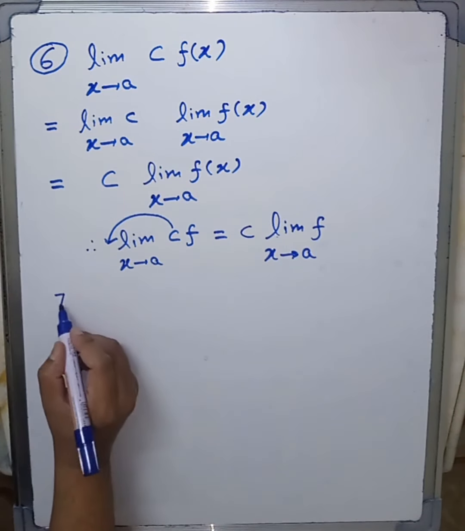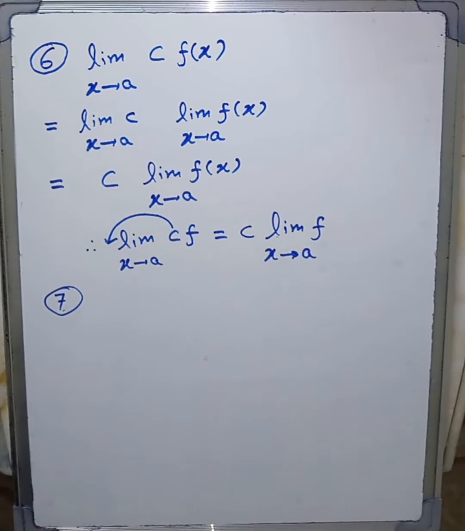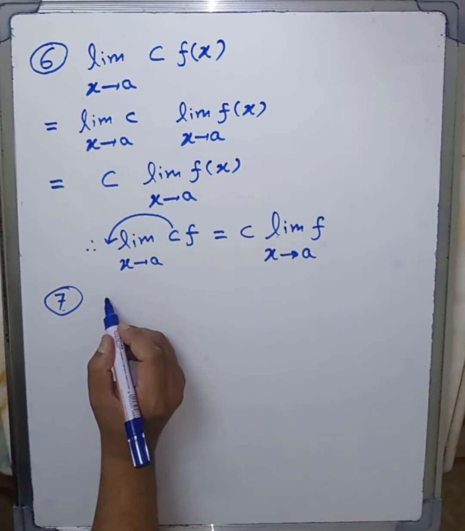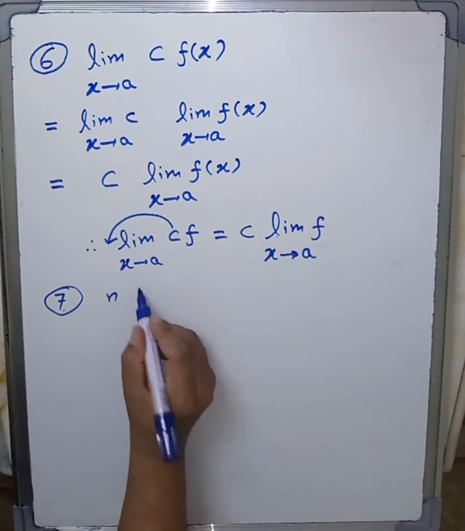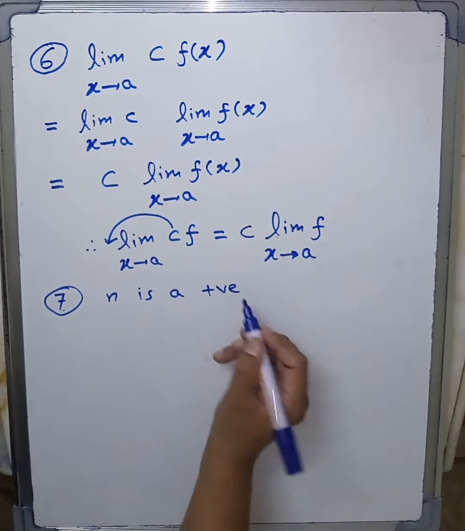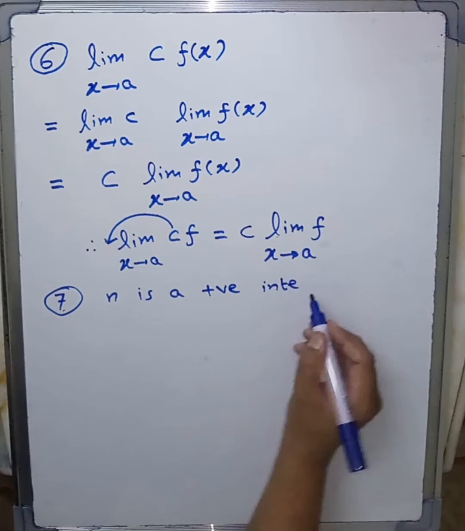Let us write property number 7. Suppose n is a positive integer.